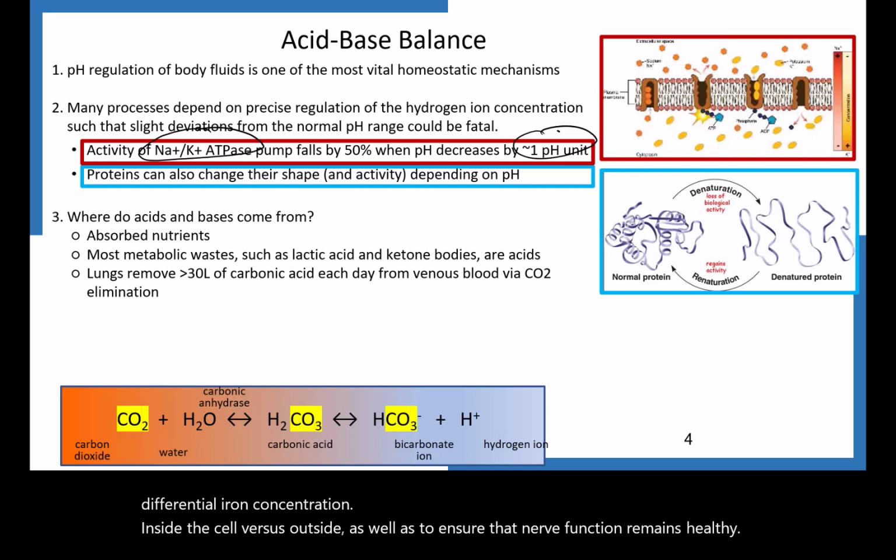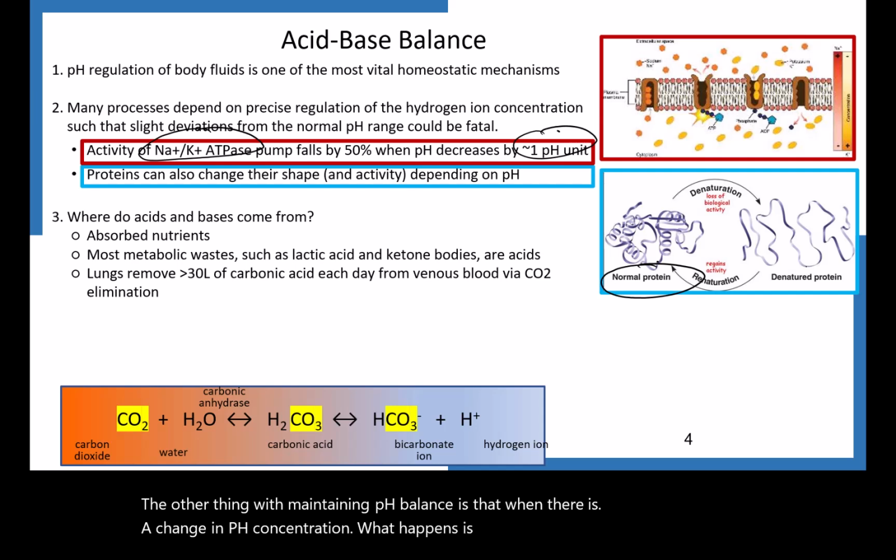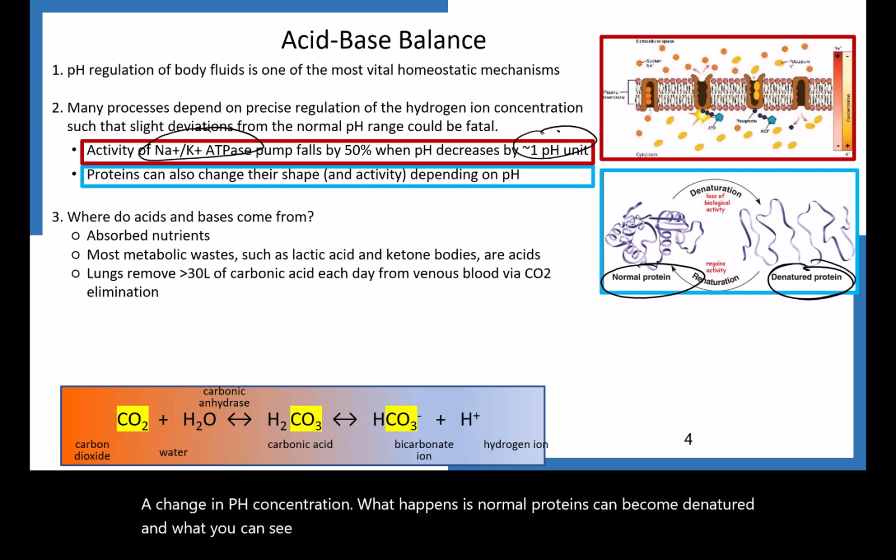The other thing with maintaining pH balance is that when there is a change in pH concentration, normal proteins can become denatured. And what you can see here is that with denaturation of a protein, it loses its 3D shape and therefore loses its function.